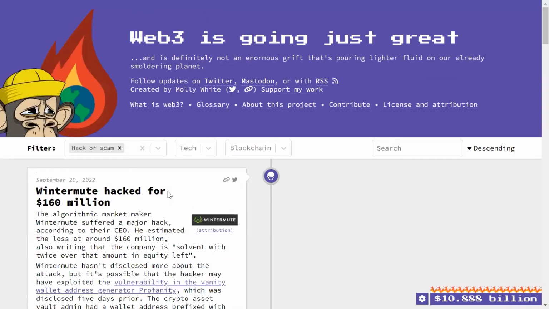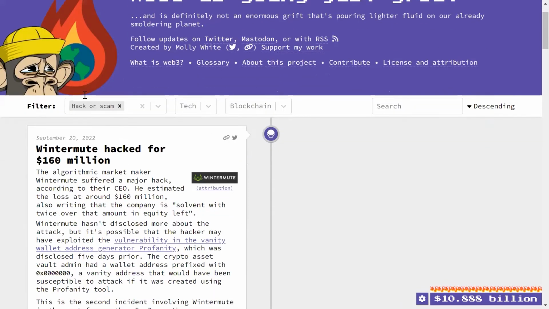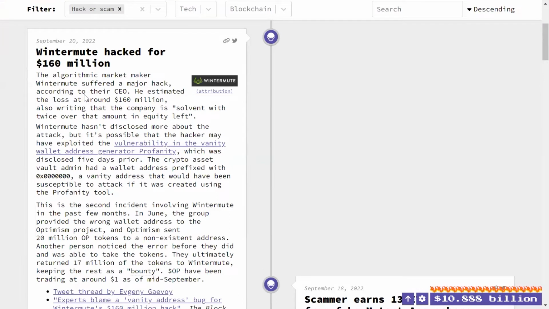Also, a really great source of information is this list, which is updated every day. We can just scroll through this and see what happened in September. How did people lose cryptocurrencies?